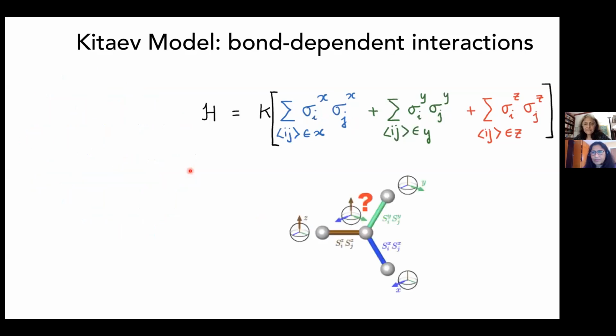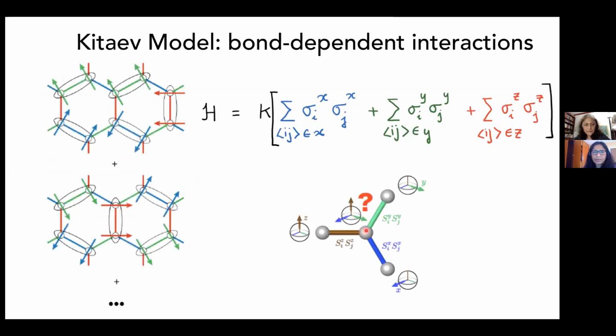So where is the frustration coming from? The frustration is coming from the fact that if you look at any of these spins, you can see it is getting three different signals from the three neighbors. One neighbor wants it to be aligned in the X direction, one wants it to be aligned in the Y direction, and the third one in the Z direction.